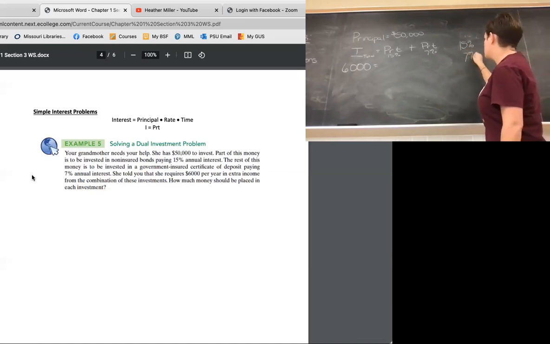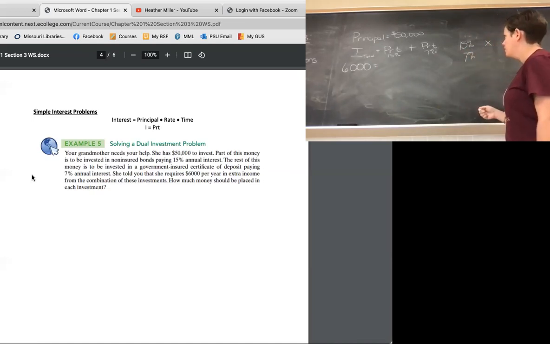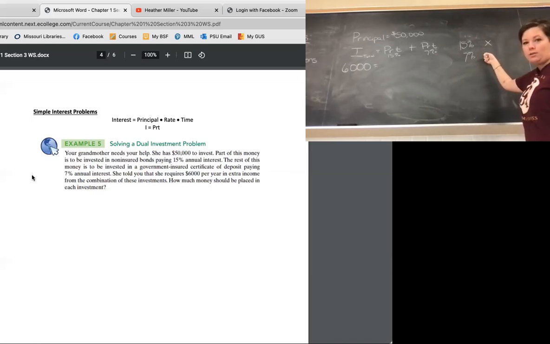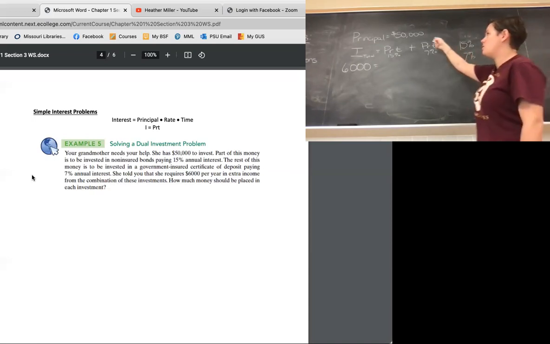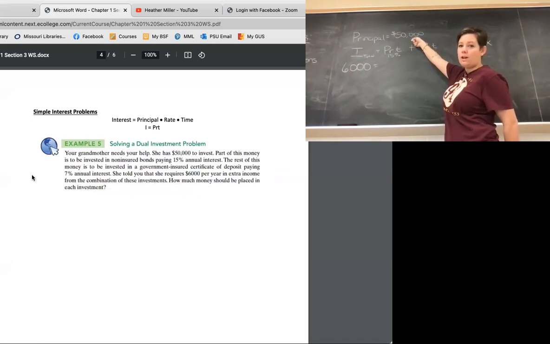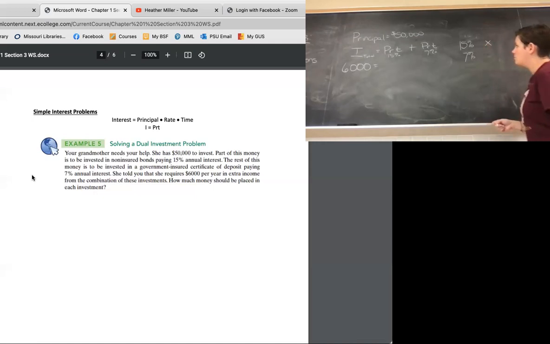Okay, and then she has her 7% one. Well, we could say that she invests Y there, but then we have two unknown things, and that doesn't really help us. What's nice is they told us how much she invests in total. She invests $50,000 total. So if we put X of that at 15%, how much is left over for our 7%?